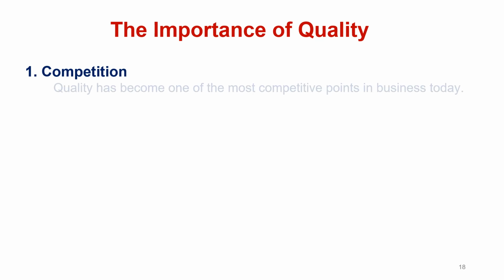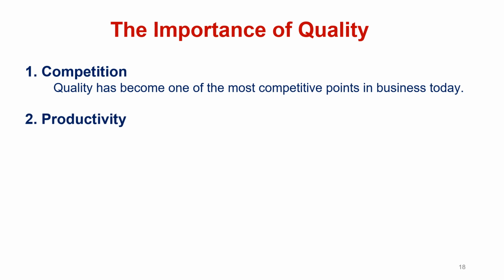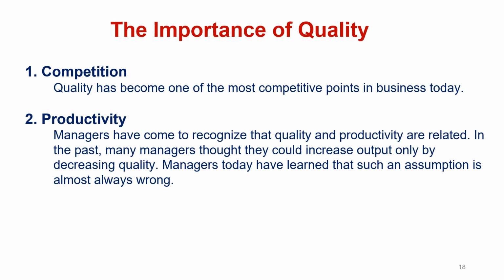Quality is an important concern for managers and organizations for 3 very specific reasons. First, competition. Quality has become one of the most competitive points in business today. Next is productivity. Managers have come to recognize that quality and productivity are related.